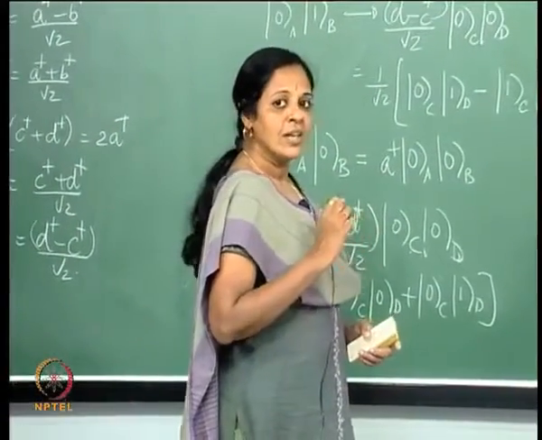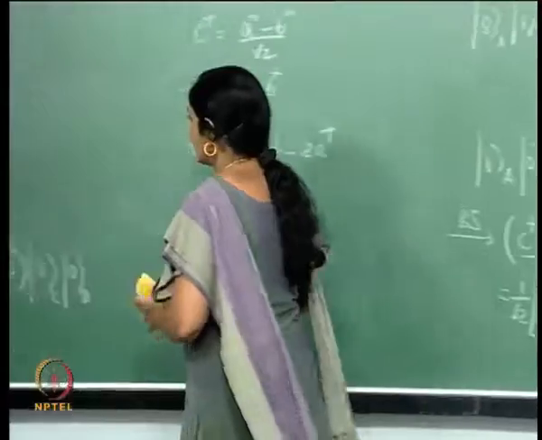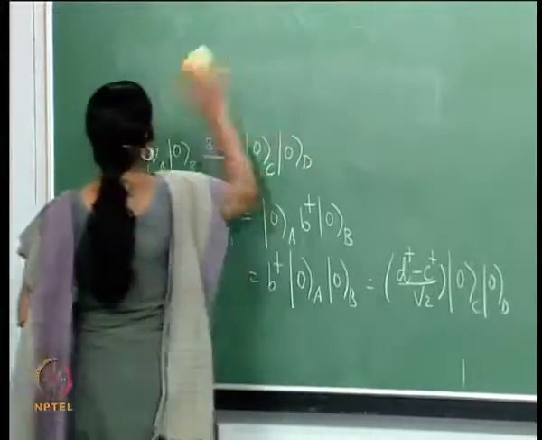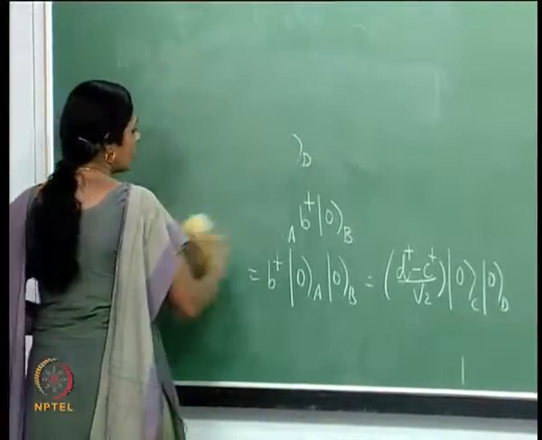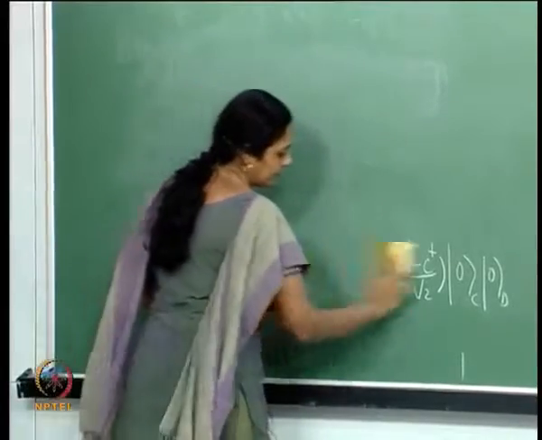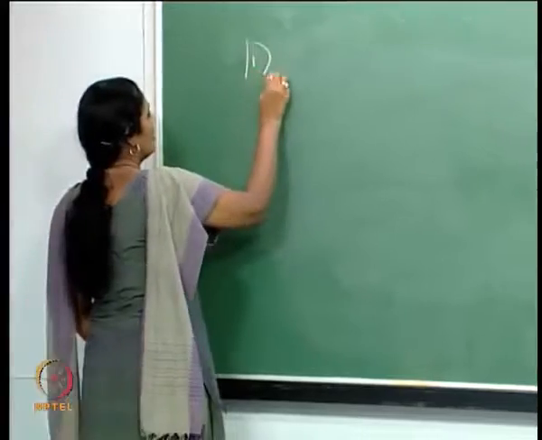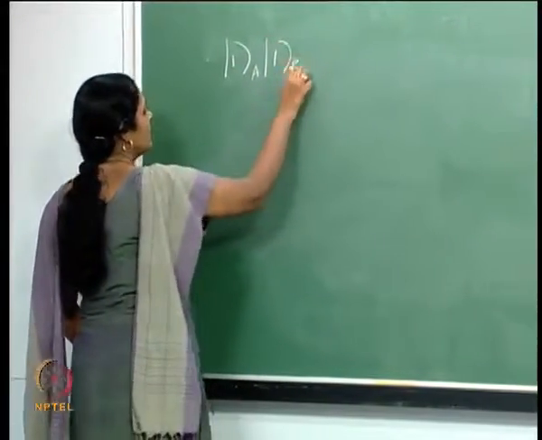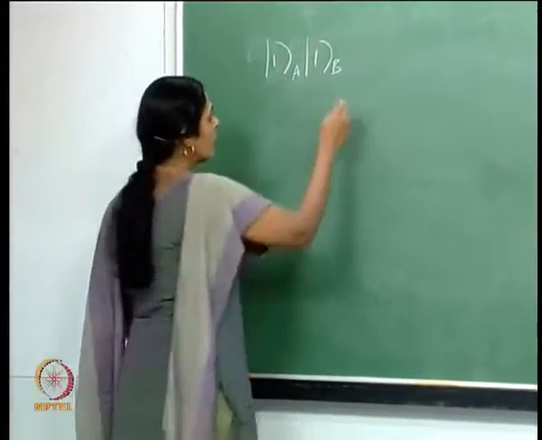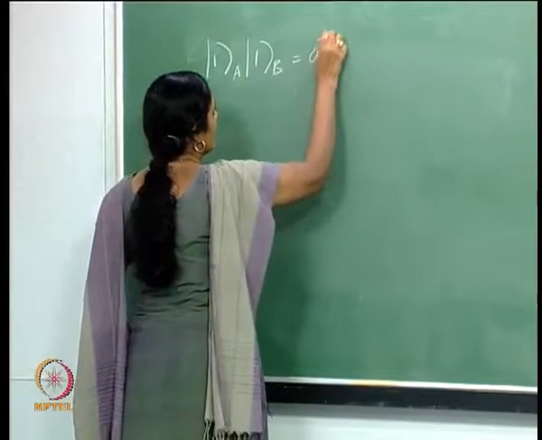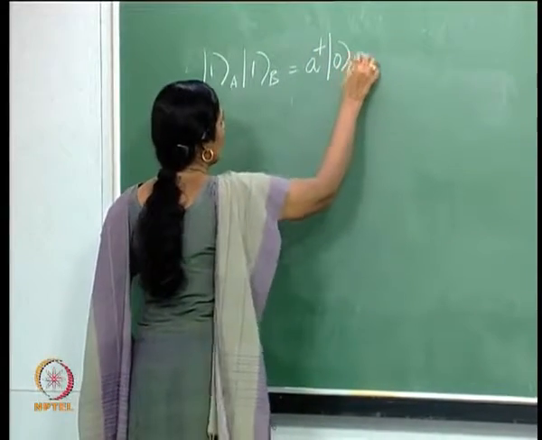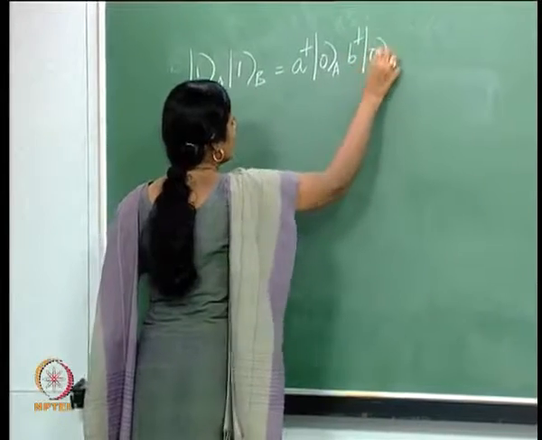A very interesting and important result now, where we simply look at a single photon going through each port. So, let us look at this state, 1A, 1B. Now, as before I write this as A dagger 0A, B dagger 0B.